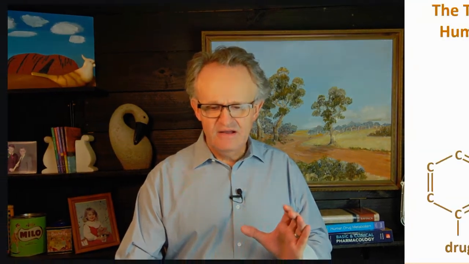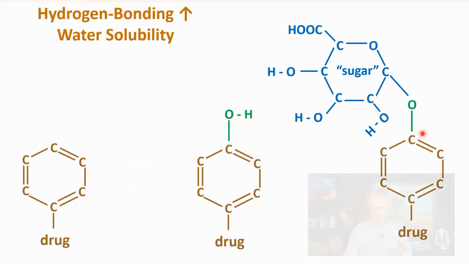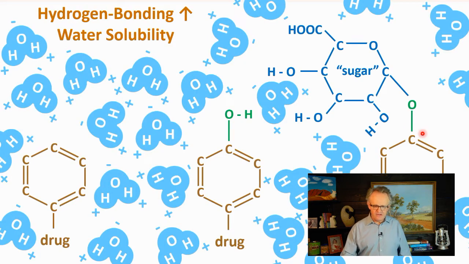Okay, so this is a really important capability. And just to see how that gain in water solubility occurs, let's get rid of the labels on the screen, and instead replace them with water molecules. Okay, so these little blue structures here, H2O, 2 hydrogens attached to an oxygen atom. And because oxygen atoms have what we call electronegative properties, that is, they tend to hog electrons, they pull electrons away from any atom that's attached to an oxygen.